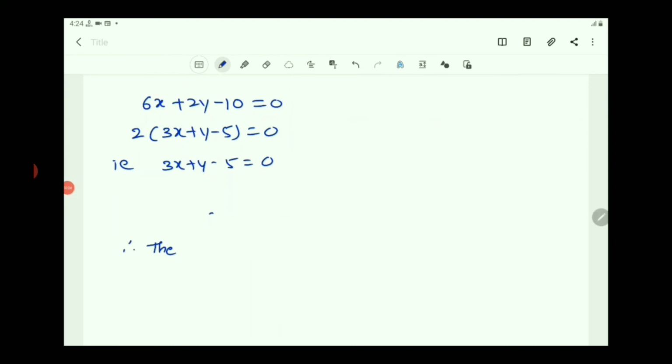Therefore, the relation between x and y is 3x plus y minus 5 equals 0. You got it? 3x plus y minus 5 equals 0.